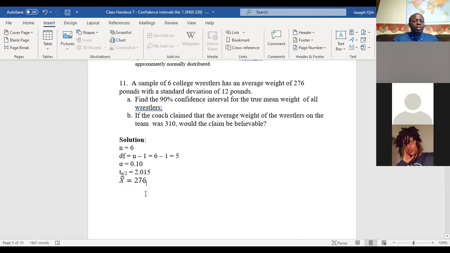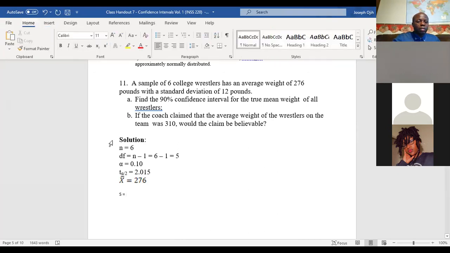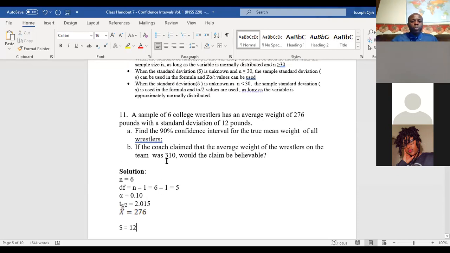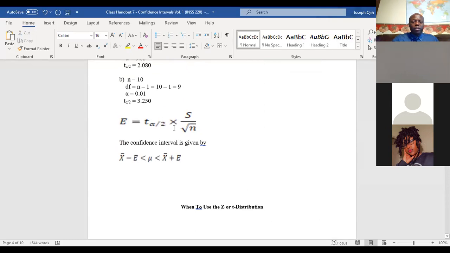Now the sample standard deviation s equals, according to this paper, 12 pounds. Now we're ready to plug all this into the formula: error equals t alpha over 2 times standard deviation over root n.